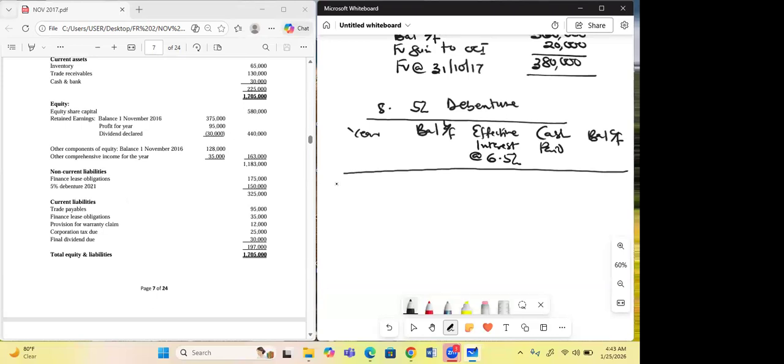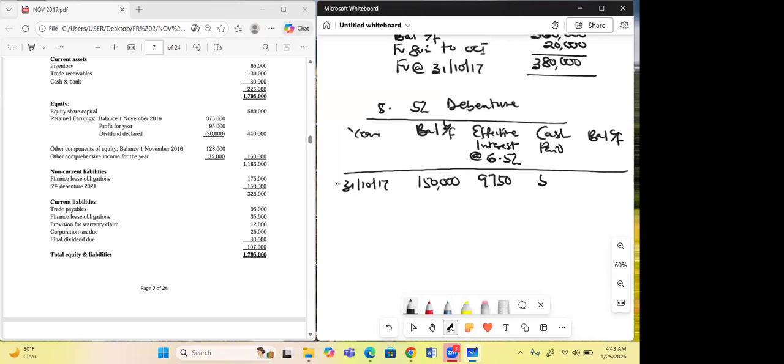So to 31st October 2017, 150,000. The effective interest is 6.5%. So calculate 6.5% of 150,000 for me. 9,750. So the effective interest is 9,750.